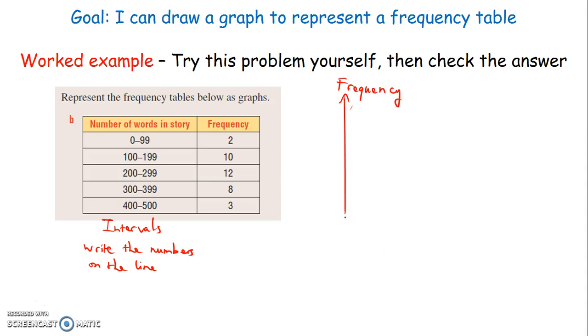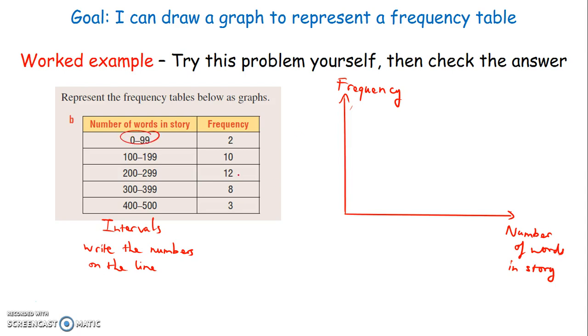And we have the horizontal axis, and this time it's going to be for the number of words in the story.